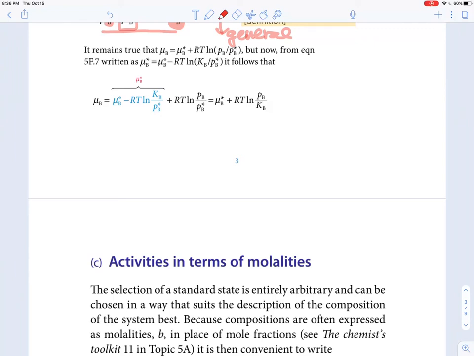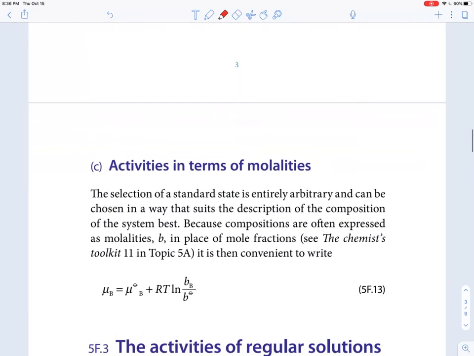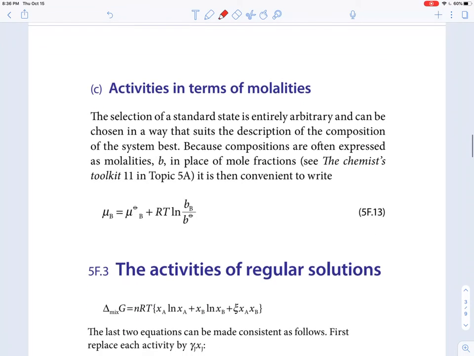Okay, so now I want to continue a little bit to show you the third section. If it is a solute, sometimes people have different ways of describing the concentration of a solute, and mole fraction may not be the common choice.